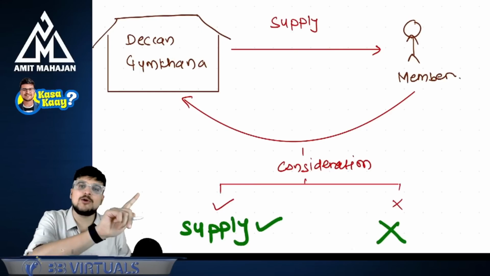But if this entire flat is not taxable, which means you book this flat once the construction is completed, so there was no GST for this flat, then of course there will be no GST for this preferential location charges as well. And this was the amendment.